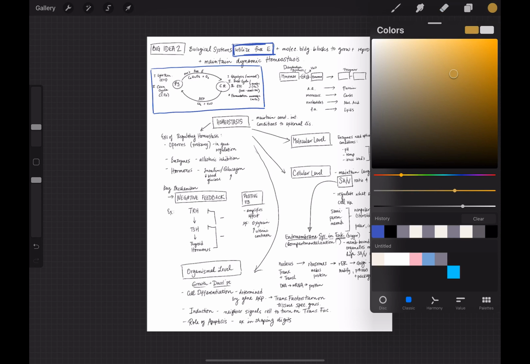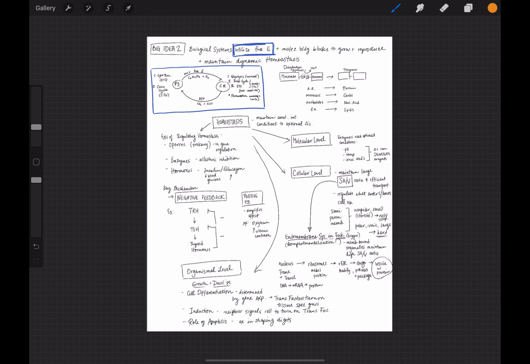Then we looked at some biochemistry and molecular building blocks, how monomers are joined to form polymers. I'm using orange for that. I'll put a box around dehydration synthesis and our organic compounds and how they're formed.